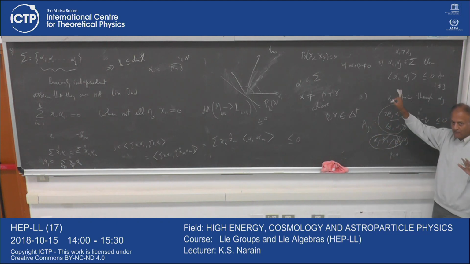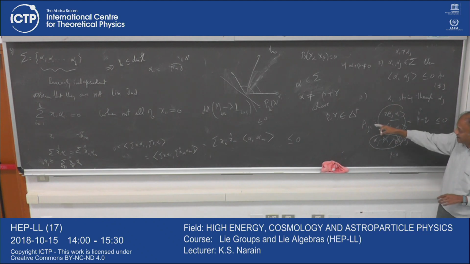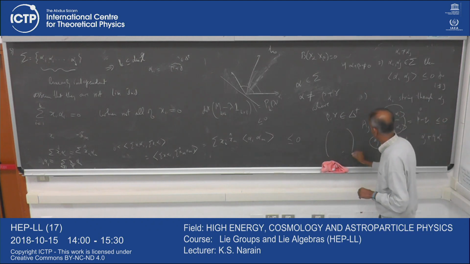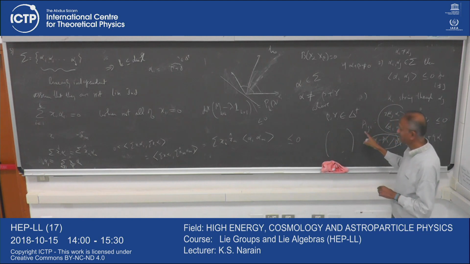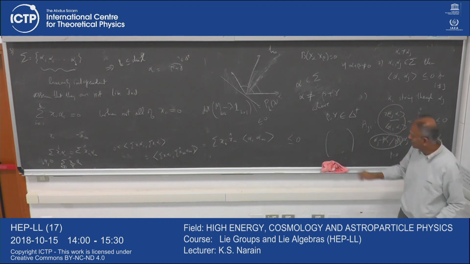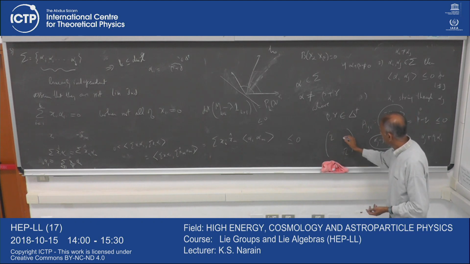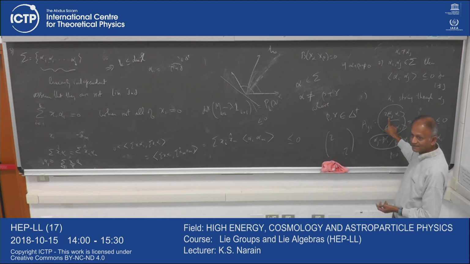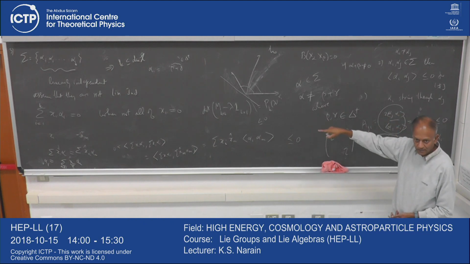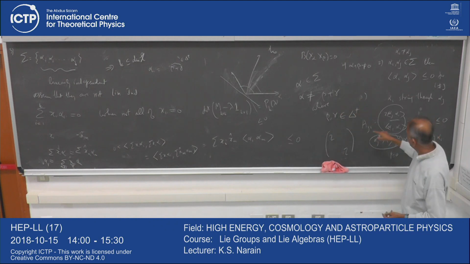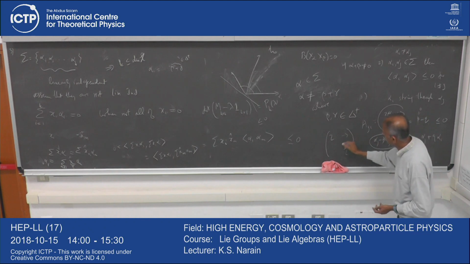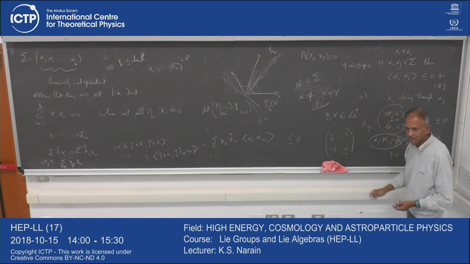The non-trivial information is the off-diagonal guys, which are non-positive. Suppose the rank is 2, so i and j only go from 1 to 2. We know the diagonals are 2, and these numbers are bounded by 3. This we already saw from 4 cos squared theta equal to an integer, which can only be 1, 2, 3. So this can be -3, -2, -1, with these possibilities.